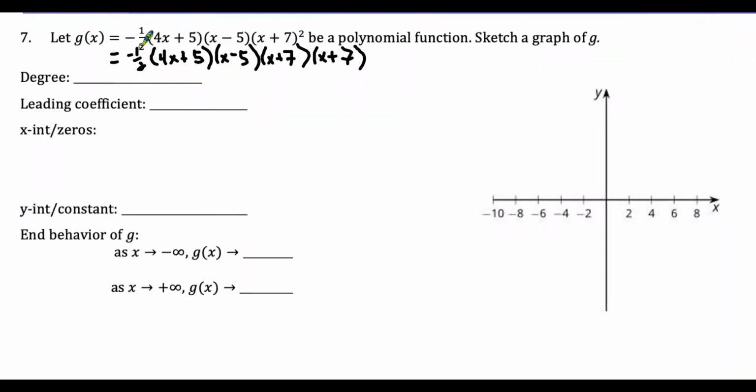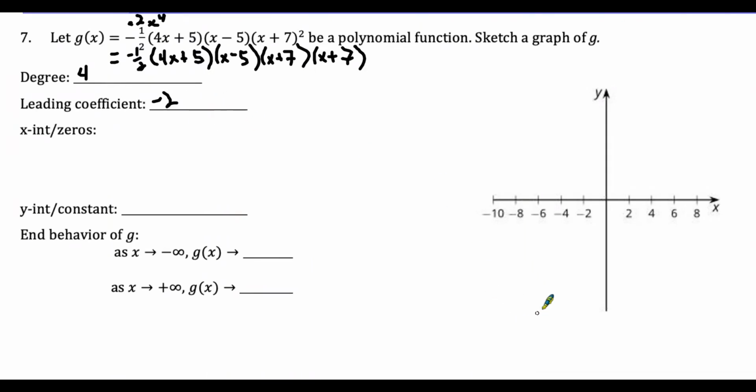So negative 1/2 times 4x would be negative 2x, times x would be negative 2x squared, times x would be negative 2x to the third power, times x would be negative 2x to the fourth power. So that means that my degree would be 4, right? And again, if I'm thinking about writing this in terms of standard form, my leading term is negative 2x to the fourth power. So my leading coefficient is negative 2.